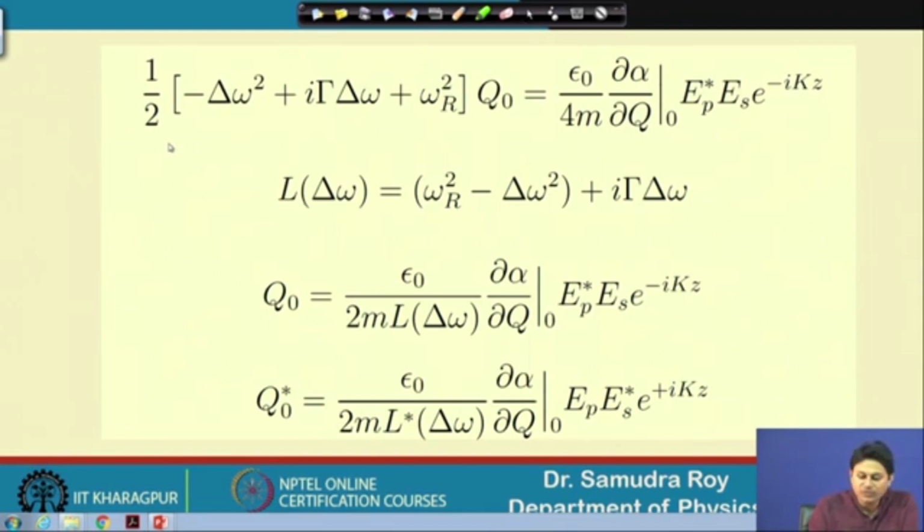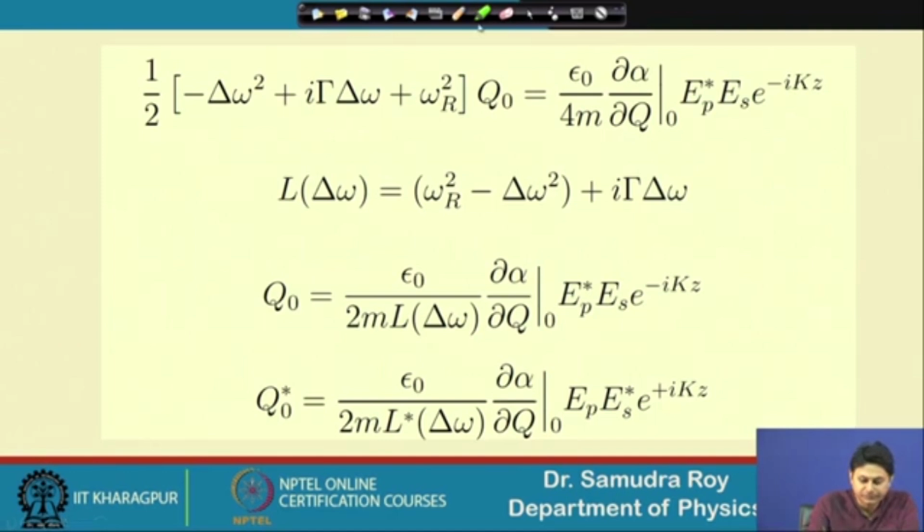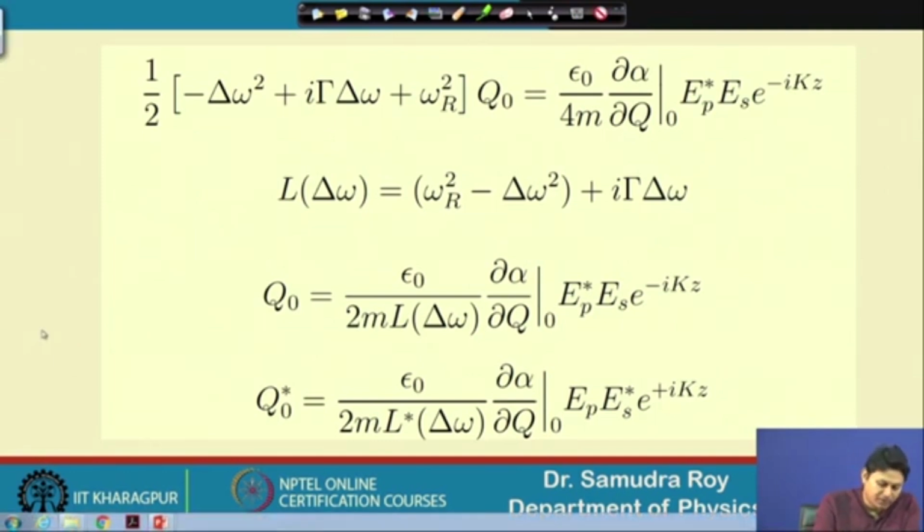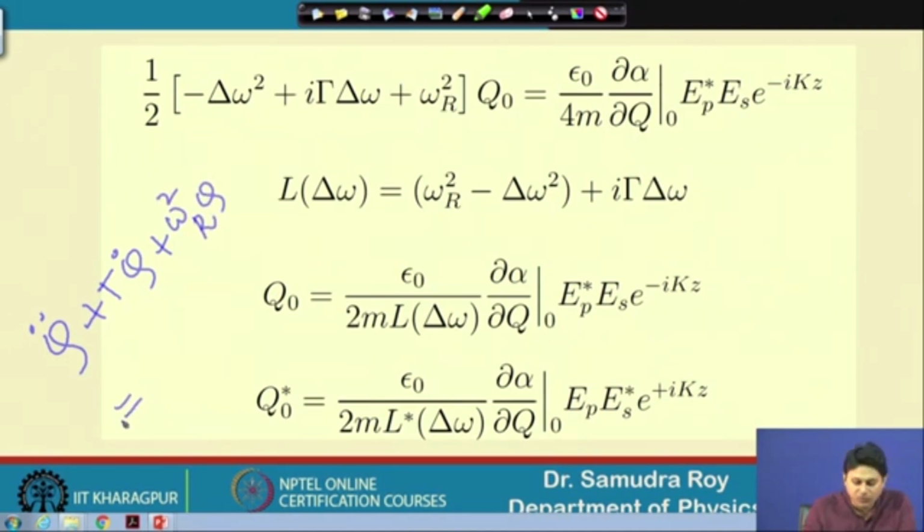So we had the equation in our hand, let me write it here: q double dot, where double dot means the double derivative with respect to time, plus gamma q dot plus omega r square q is equal to the total force term.